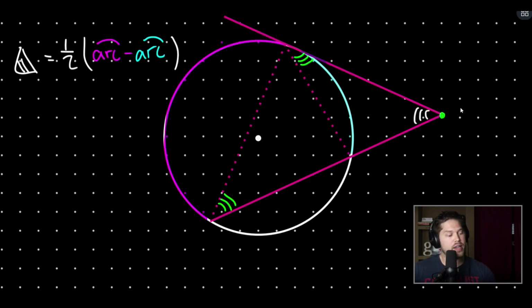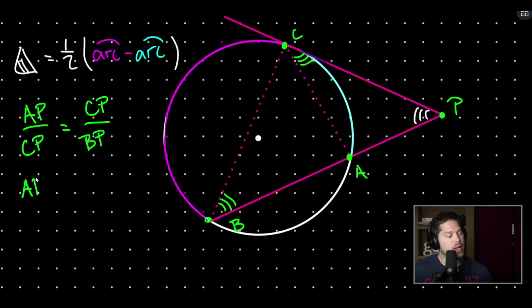So if we call this intersection point, point P, this point A, this point B, and this tangent point C, what do we have? We have that AP is to CP, as CP is to BP.